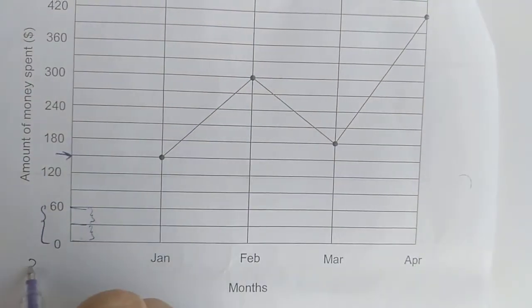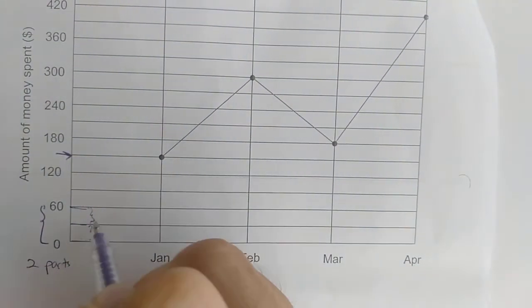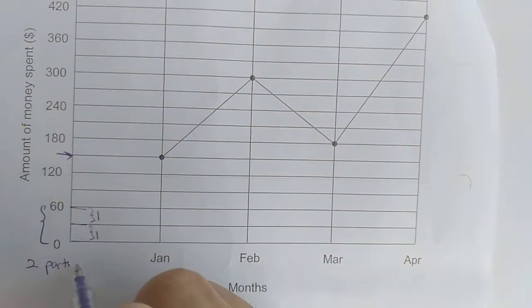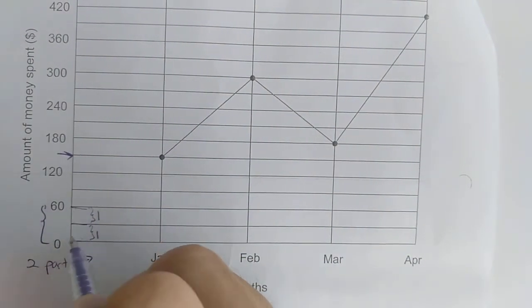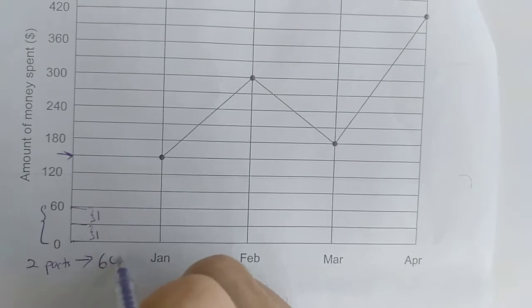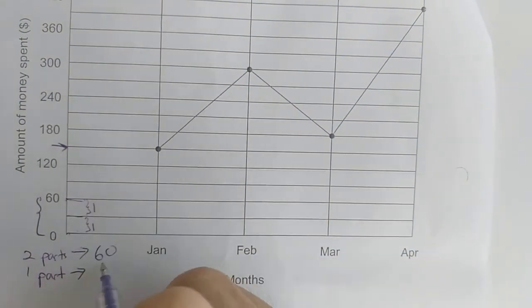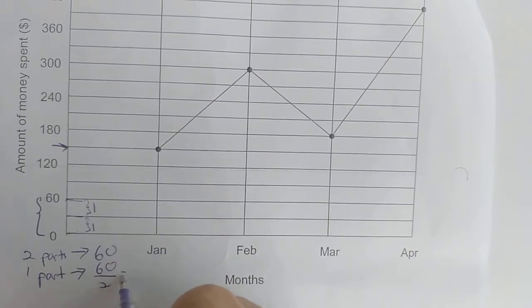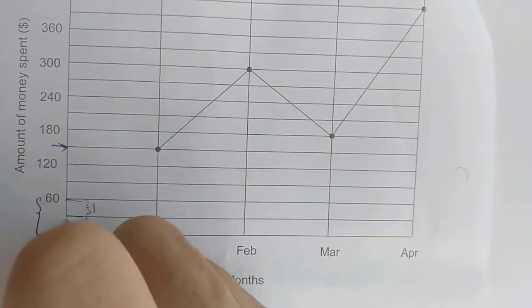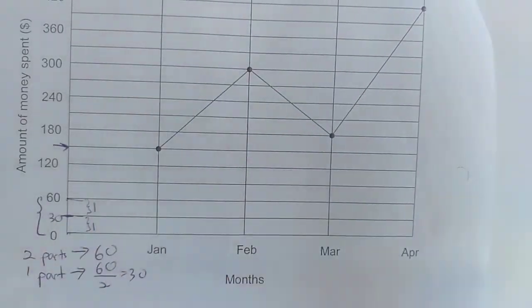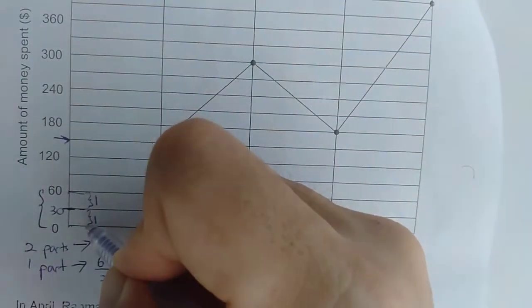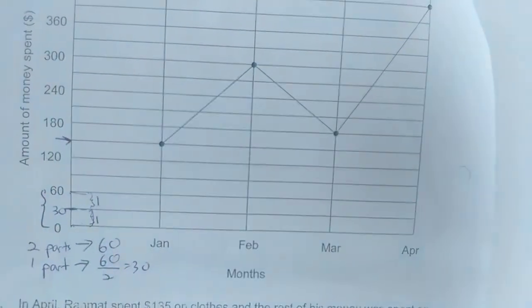So two parts is actually equal to 60, from 0 to 60. So what's the value of one part? That will be 60 divided by 2 is 30. This tells me the midpoint here is 30. This tells me every time I increase by one part, I increase by 30.